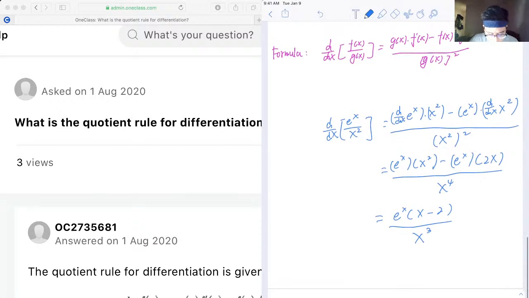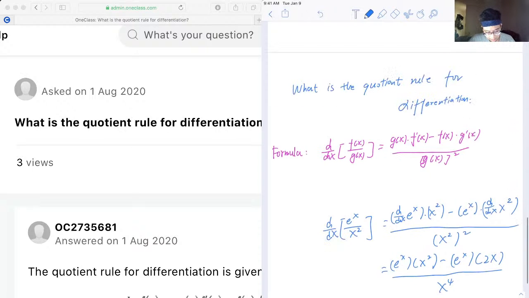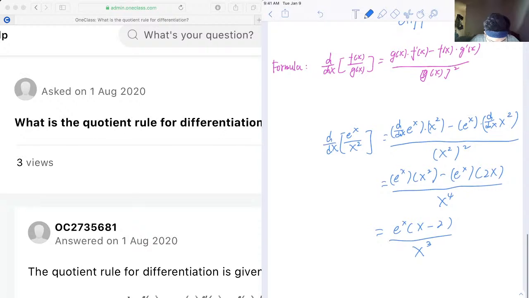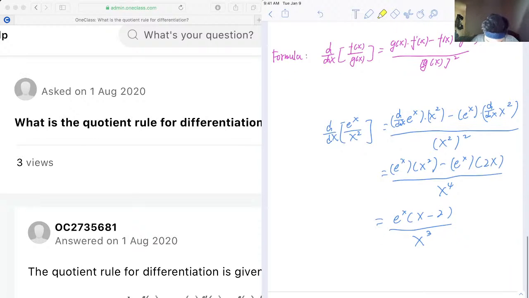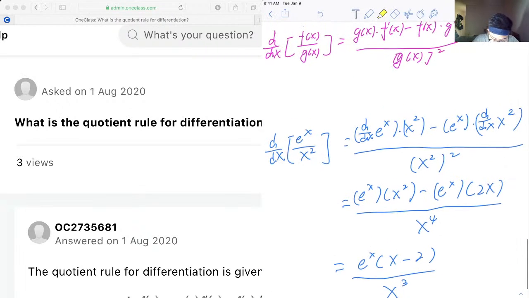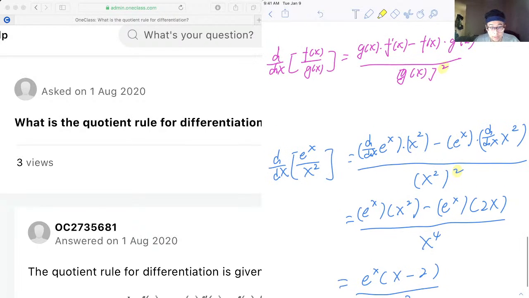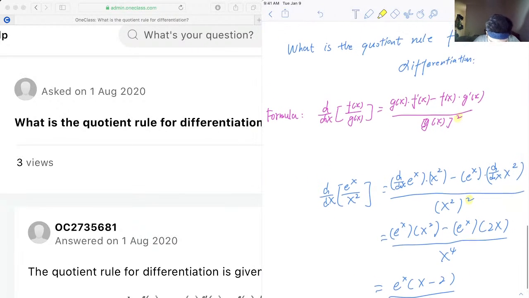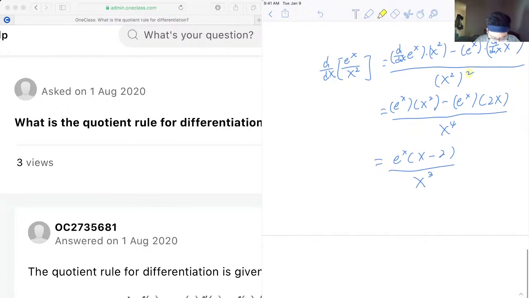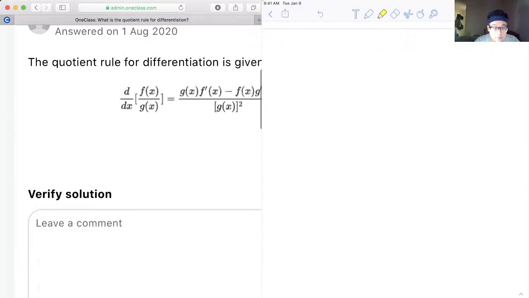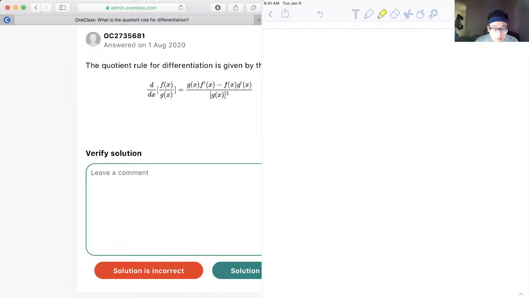Okay, so that's how we use the quotient rule for differentiation in an actual question. Just keep in mind, don't forget the square for the denominator. Yep, that's all we have for this question. So solution is correct. Well done.